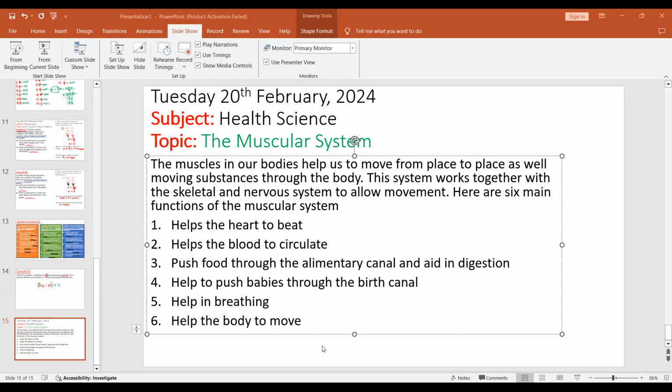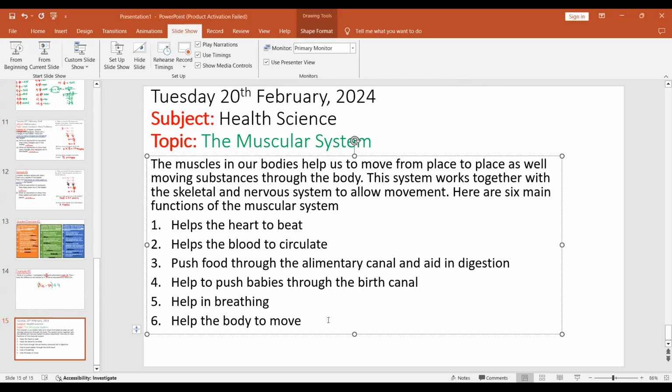Helps in breathing. There's one more that y'all didn't say. No one said number 3. Push food through the alimentary canal and aid in digestion. Very good.